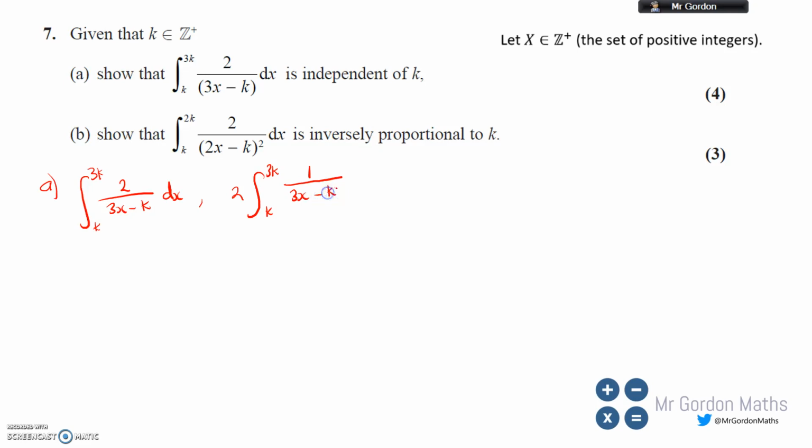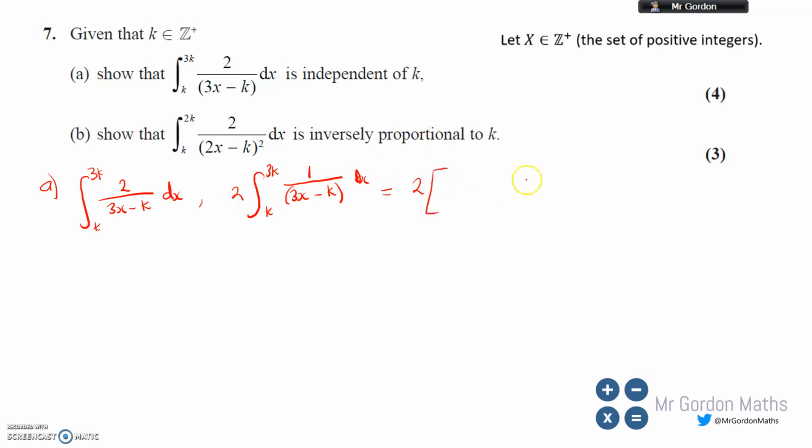This looks like a standard result. Integrating 1 over something in this form, when you've got 3x minus a constant, is something we should know the rule for. Bear in mind I'm keeping the 2 out the front, so I'll put the 2 in front of the result.